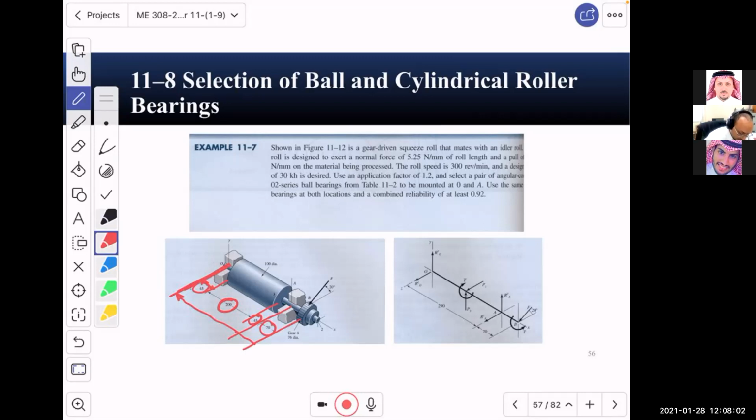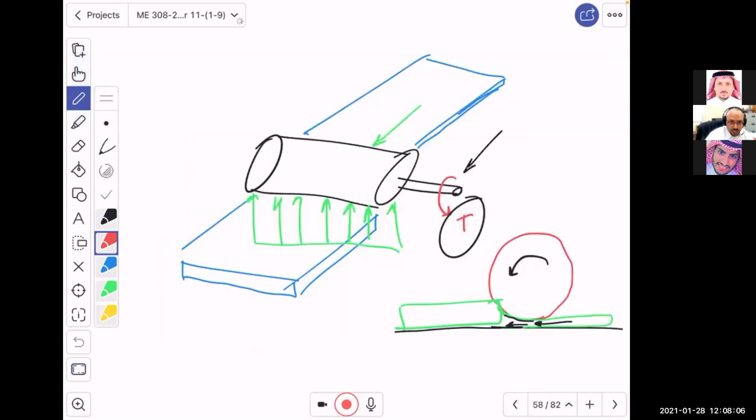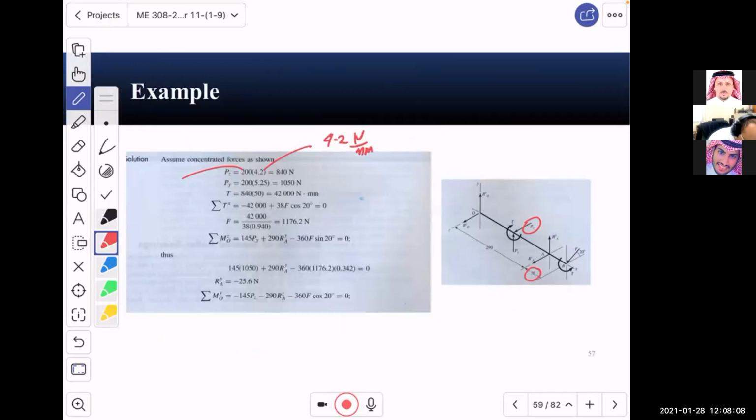So in the free body diagram over here, we have the 70 and we have the 290. The 290 is coming from the 45, 45, and the 200. So it is 290. So this is 200, and this is in millimeter.